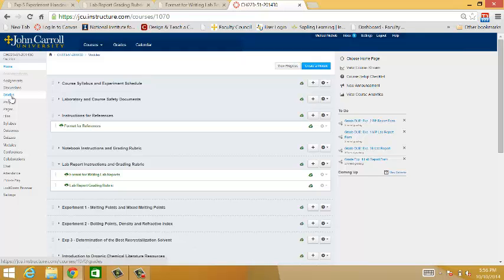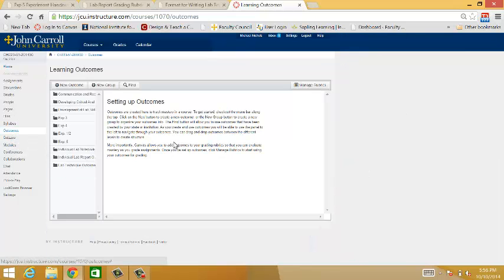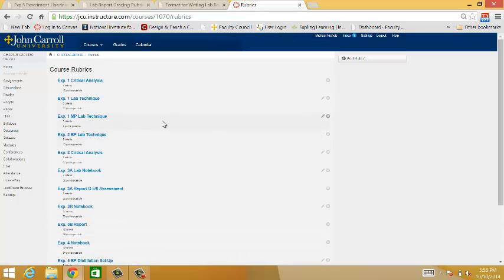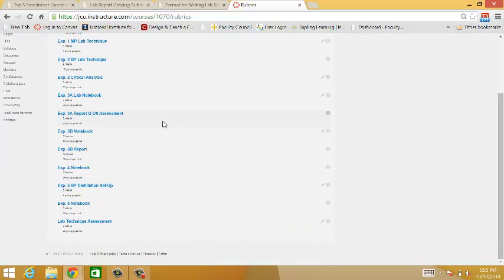Ideally, the TA should have written on the lab report or in the notebook what you were missing so that you can go back to it and see what specific information you should have included or where your calculation was wrong. All of those rubrics that are in there are used by the TA.